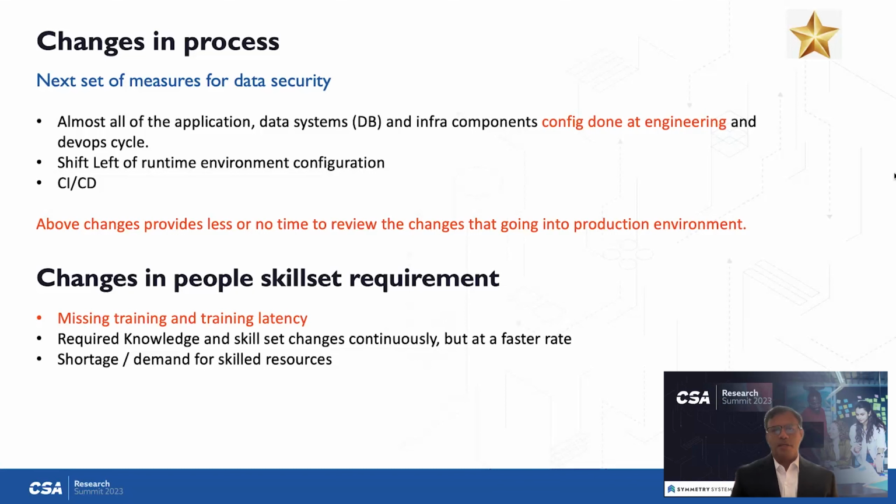So what it means is the production operations team either have no time or very little time to review the changes coming across from engineering, not only the packages but also all the config, starting from user ID, security groups, web access controls. All of those come right from engineering to production.